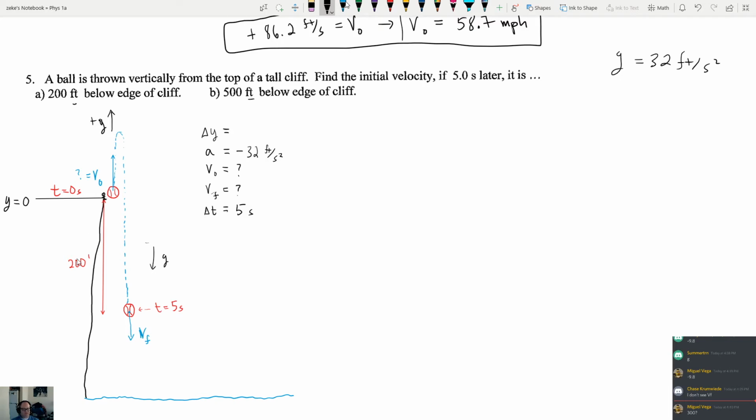We don't know how tall the cliff is, by the way. That's why I made y equal to 0 at the top. 200, so we should just put in 200. Negative 200? Well, how do we know? Is it positive or is it negative?